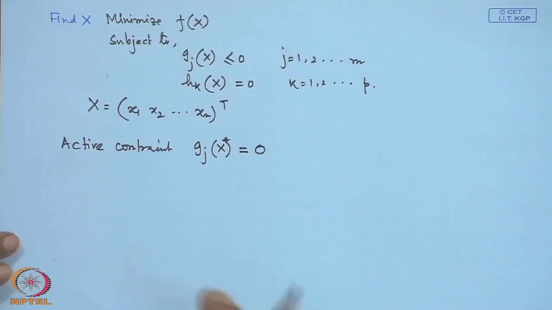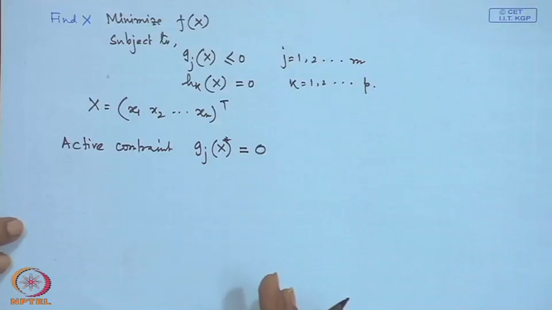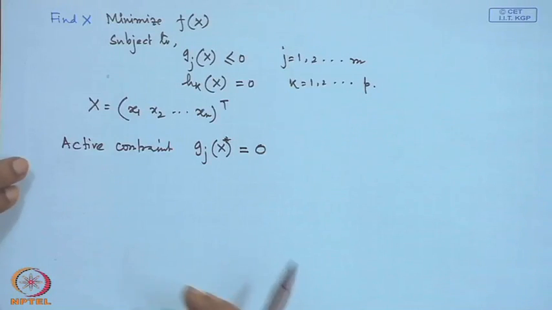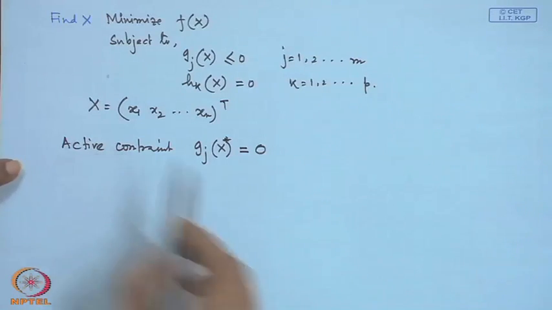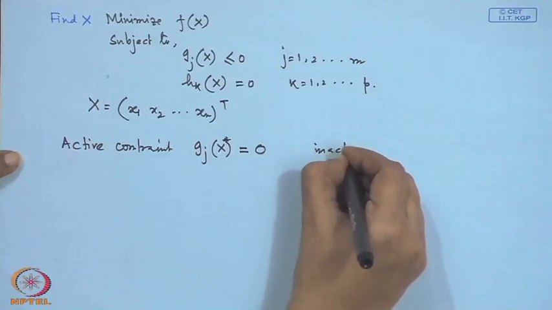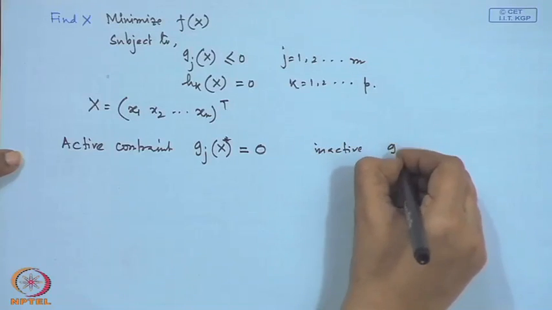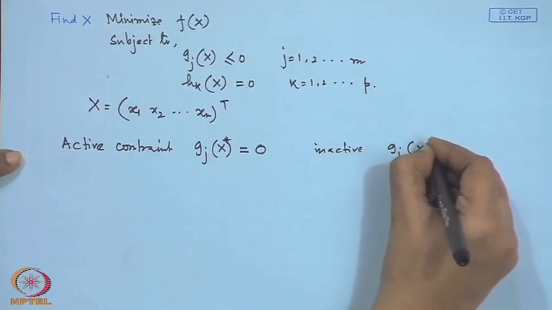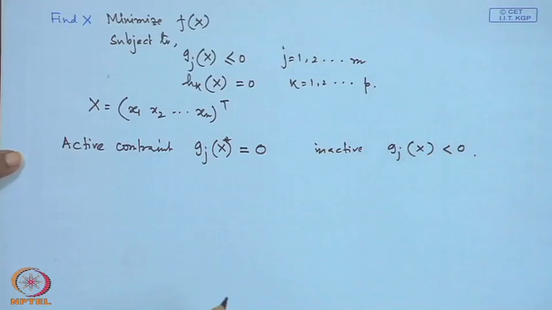That means in the decision process, that constraint is not taking part in achieving the optimal solution. That is the idea of the active and inactive constraint. For an inactive constraint, it is satisfied with the less than sign.